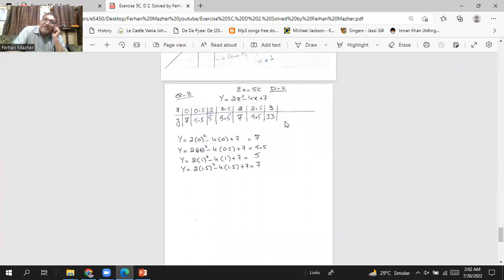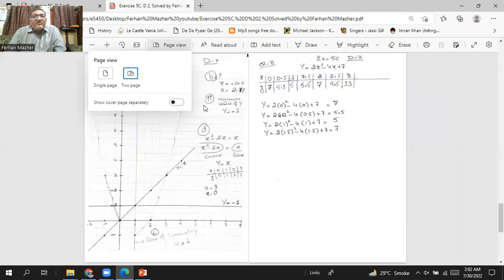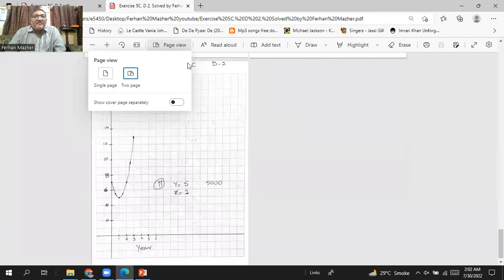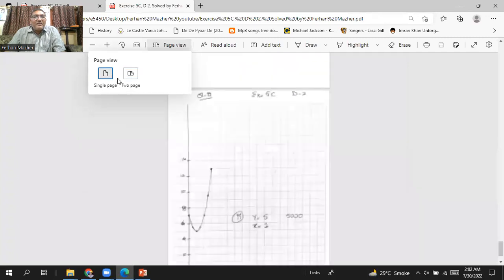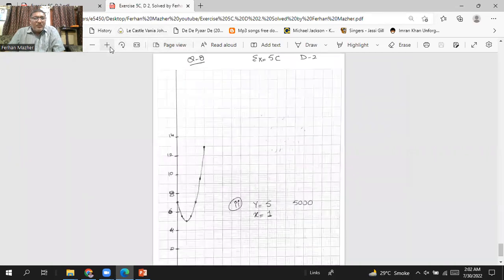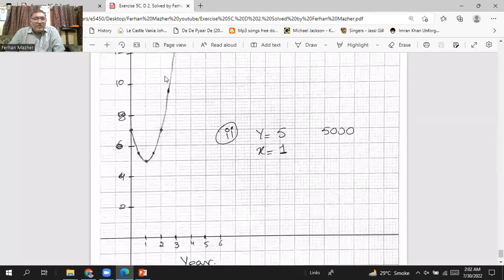At 0.5, we will put the dot of 5.5. At 1, I will put the dot of... Let me change the page view so we can see 2 pages together. Okay, so I will put those points. Let me show you those points here.